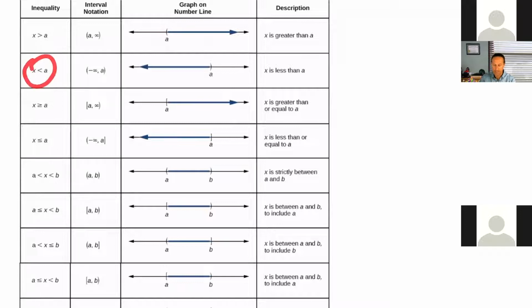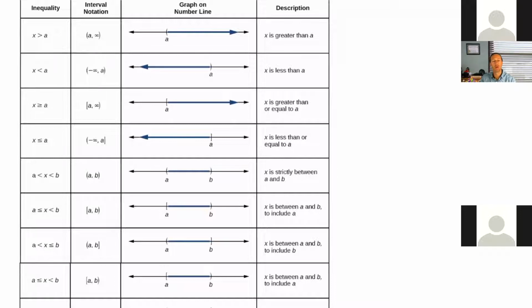Or everything less than a. So again, not a, whether you draw an open dot saying not that value, but all of these other values. And if you draw in every single dot, you notice that it just forms a line. And we put that arrow at the end to make sure that you know it continues on forever.